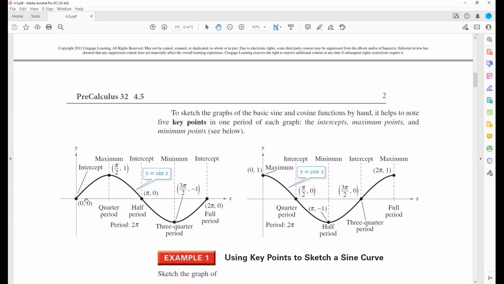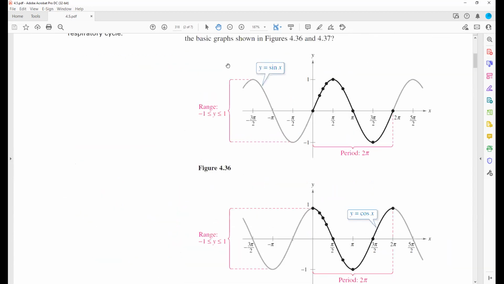As you can see, it hits the x-axis at 1, 2, 3 points on a full period. But as you can see, the graph continues from all sides. So it has infinitely many x-intercepts. On one full period, a complete cycle, you have 3 x-intercepts.